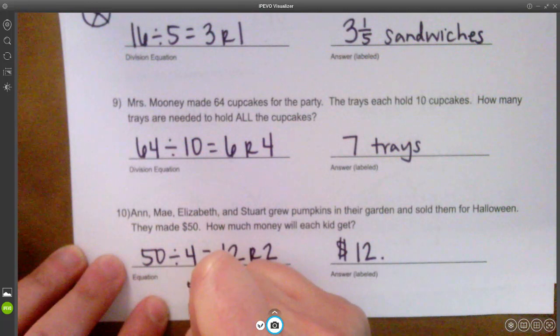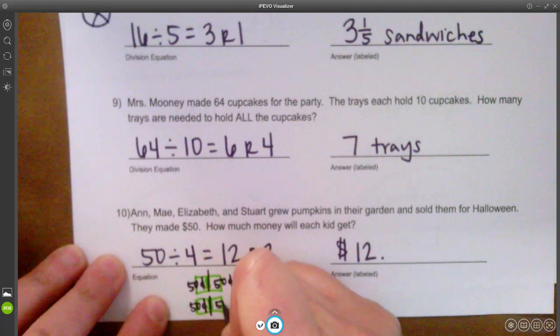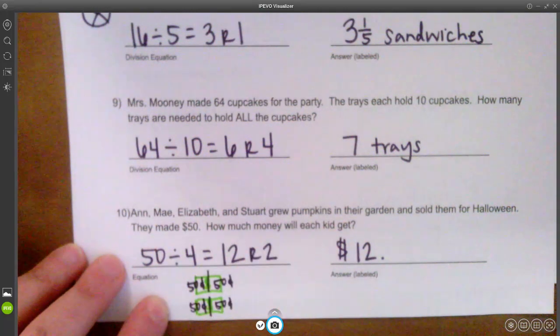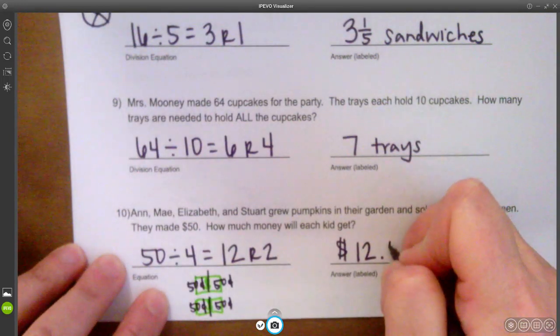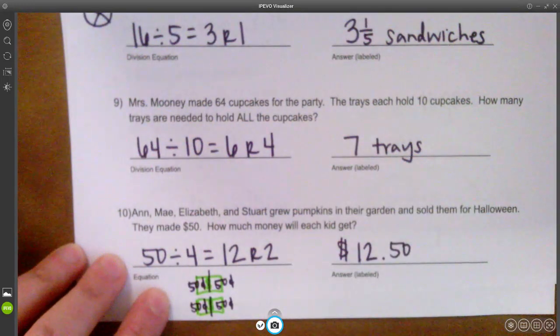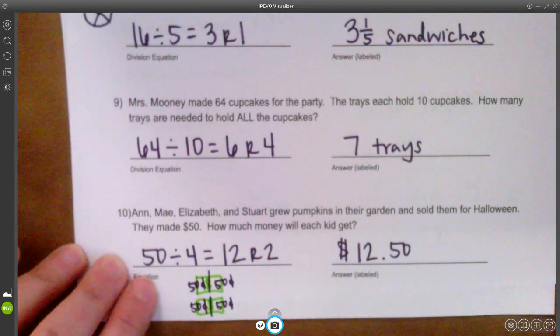All right, so imagine splitting up these dollars like into quarters, and each kid would get 50 cents or 2 extra quarters. All right. So not just $12, but $12.50.